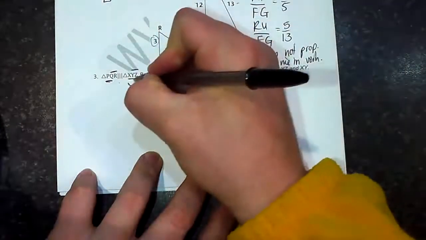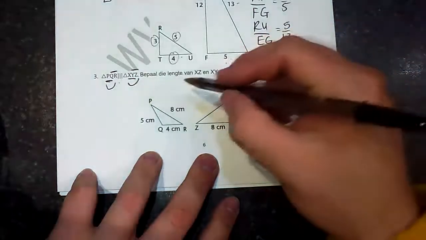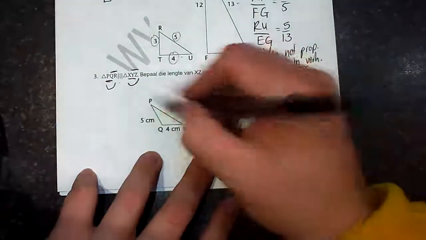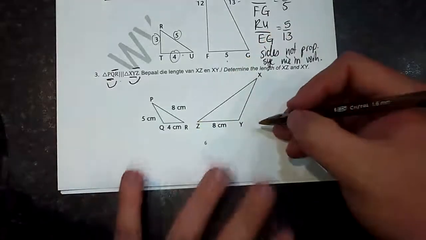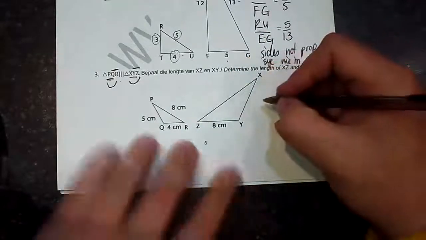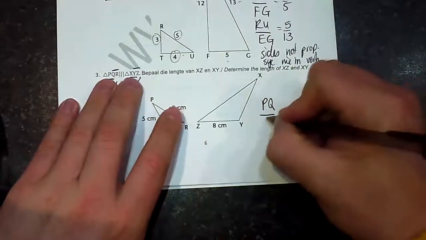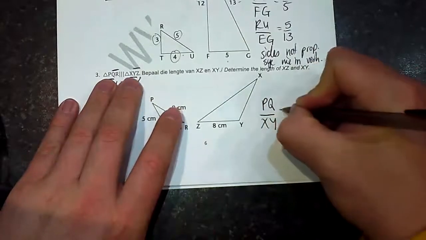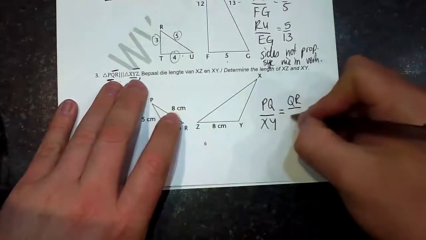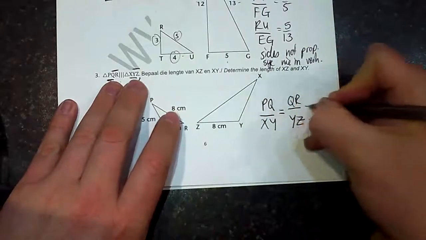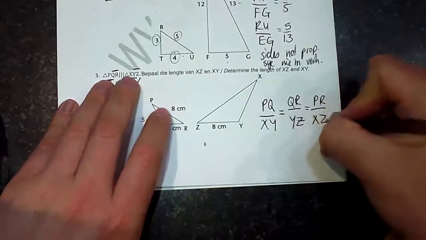And XZ and PR, they correspond. All right, so let's write it. They must be in the same proportion. So PQ over XY must be the same as QR over YZ, and must be the same as PR over XZ.